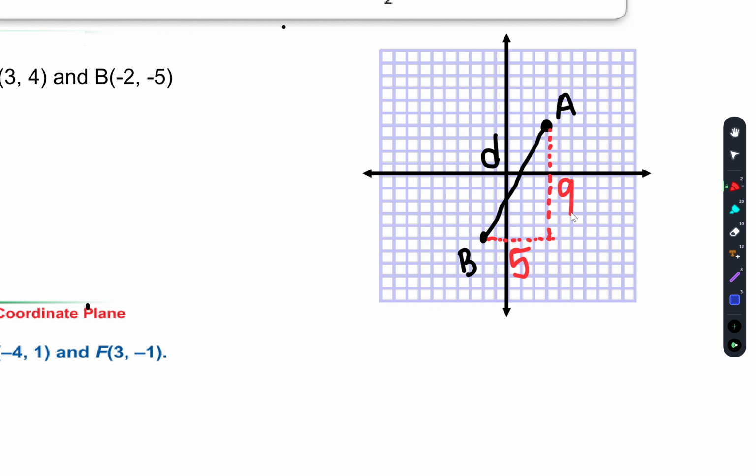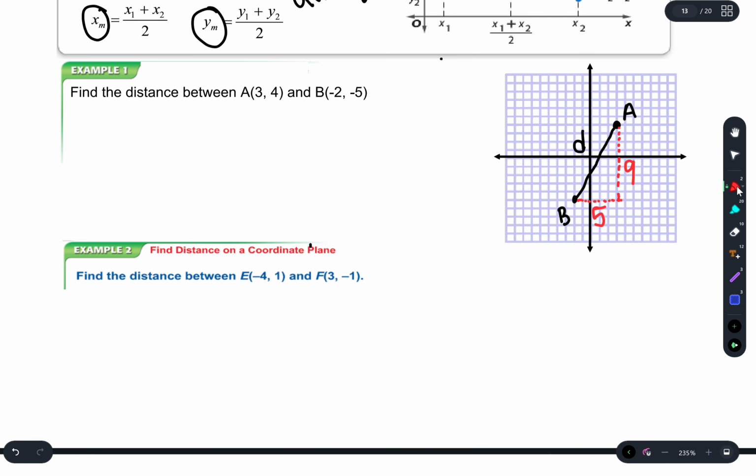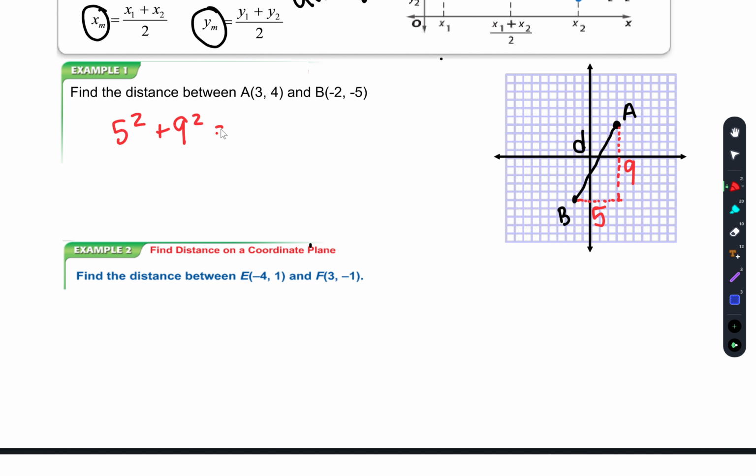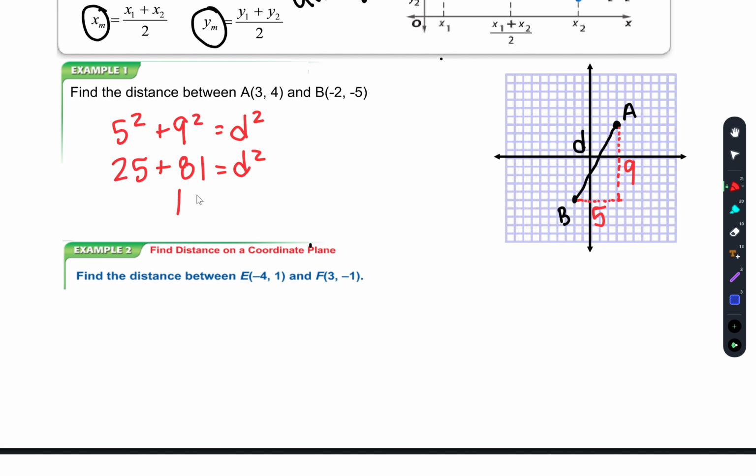In order to find that distance, aka the hypotenuse of that triangle, all I need to do is use those values in the Pythagorean theorem. 5 squared plus 9 squared must be d squared. 25 plus 81 equals d squared, which is 106 equals d squared.